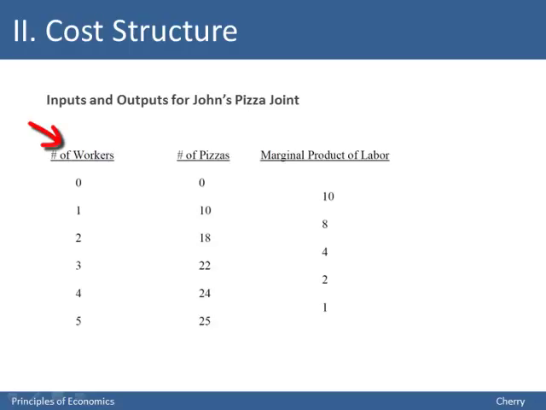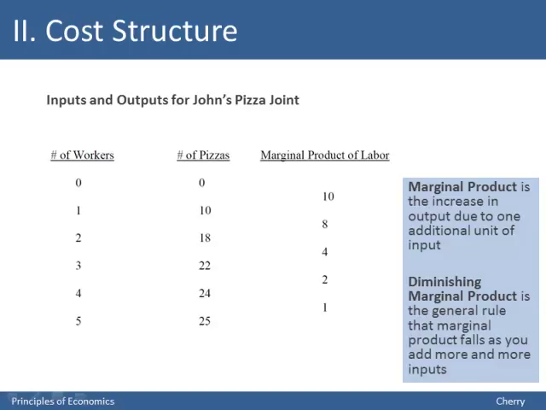The output is going to be the number of pizzas. Right, so we have a schedule here where you have 0 workers all the way down to 5 workers and the different outcomes. And then with these individual cases of 0, 1, 2, 3, 4, 5 workers, you can have a schedule of how much output will be generated from those inputs.